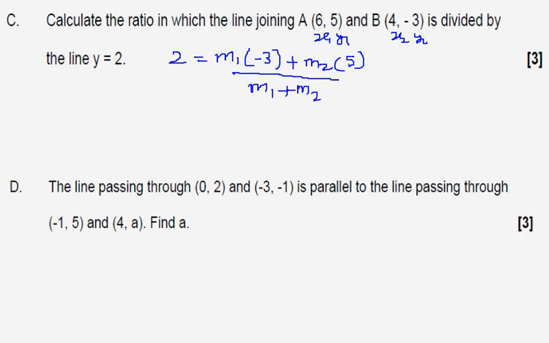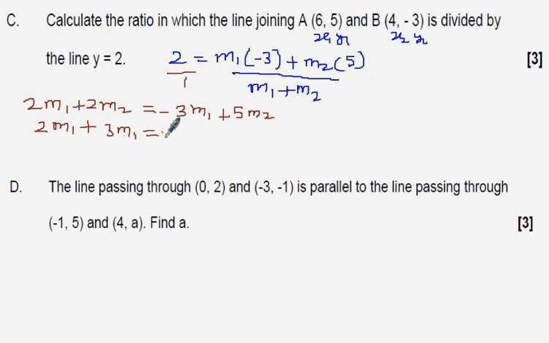So when you do cross multiplication, it will be 2m1 plus 2m2 is minus 3m1 plus 5m2. So m1 you bring together, so it will be 2m1 plus 3m1.